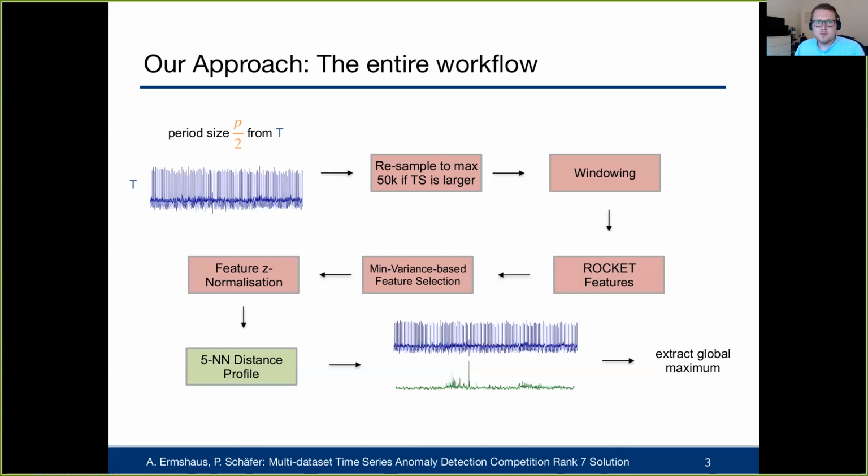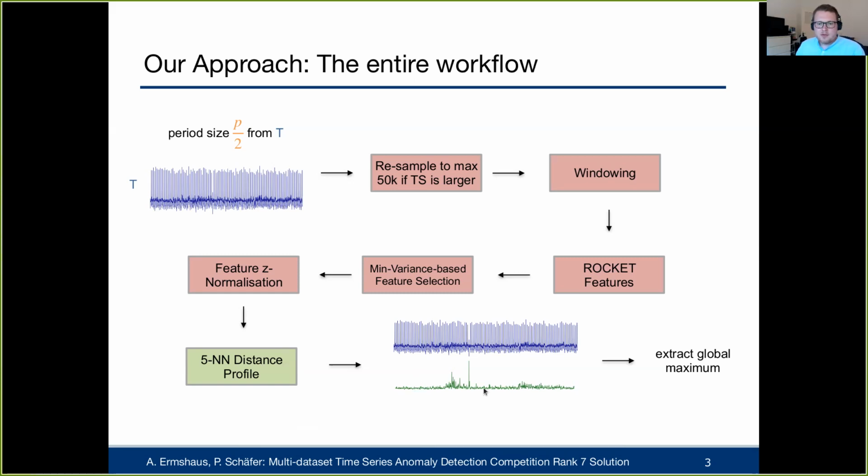And then 2 statistics are calculated from each of the random convolutions. So you then basically end up with quite a large feature vector that represents one subsequence. Given these feature vectors for all the subsequences, we applied feature selection and feature normalization, and then calculated the actual 5 nearest neighbor distance profile.